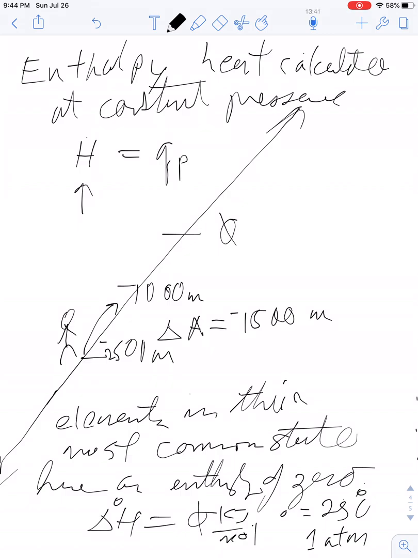But if you pick the bottom of the ocean as your 0 point, then the Hawaiian Islands are actually the tallest mountains on the planet at about 35,000 feet, because about 15,000 feet of the Hawaiian Islands lies below the water. So it all depends on your perspective. And so science has arbitrarily said we're going to put elements in their most common state at 25 degrees Celsius and 1 atmosphere as having an enthalpy of 0. And everything will get measured off of that.